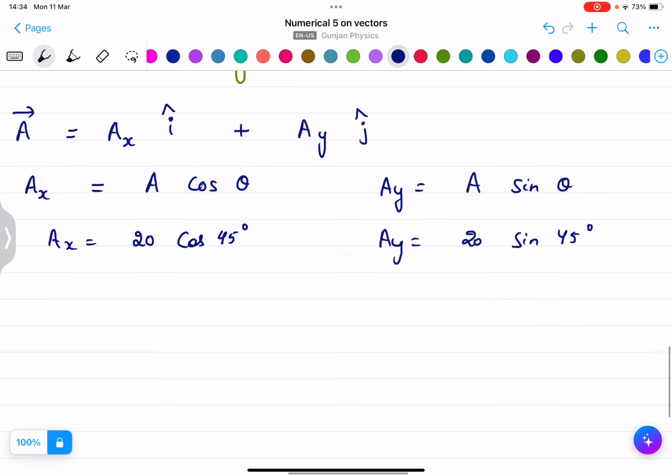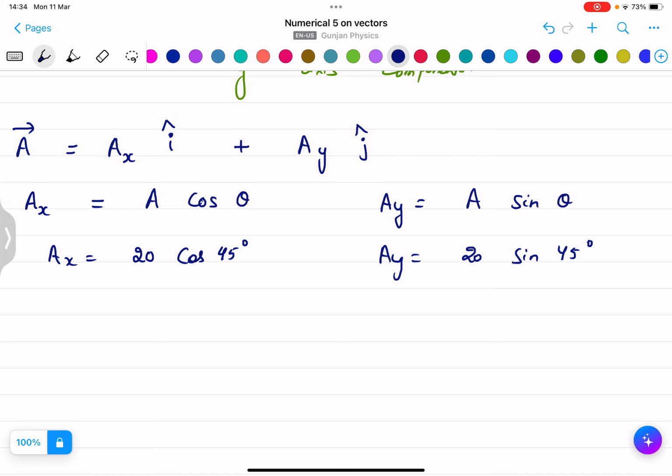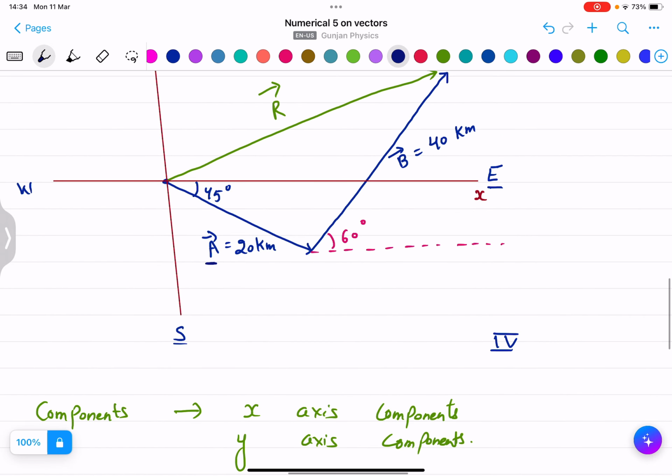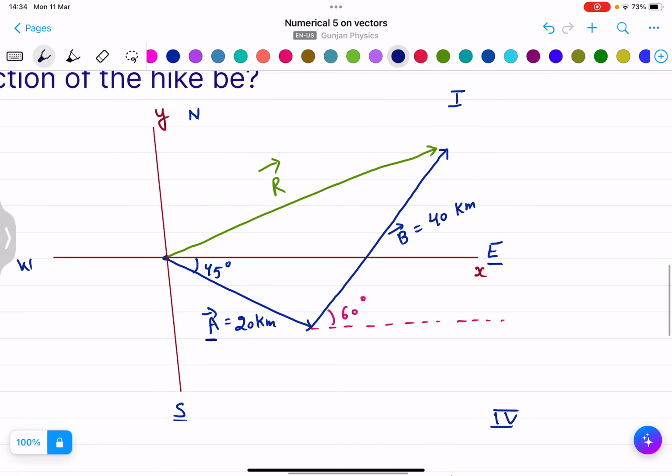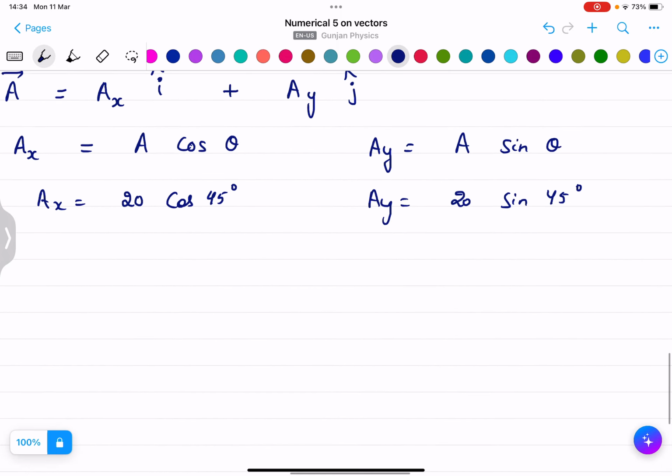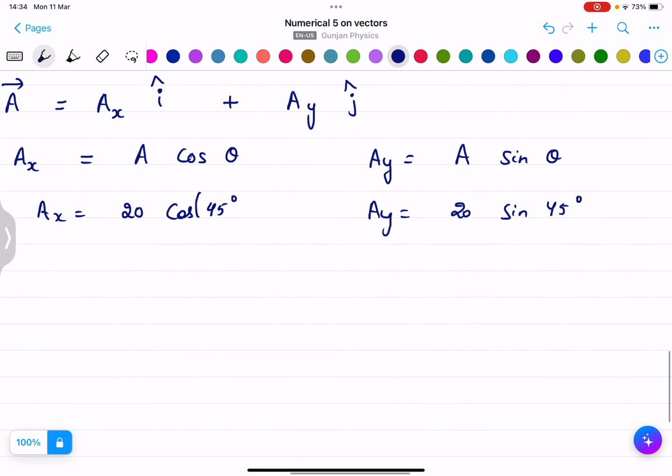But we need to see the sign now. Look, for this 45 degrees, the x component is in the negative direction, right? So I can write minus 45 degrees, right? And sine also minus 45 degrees, right?